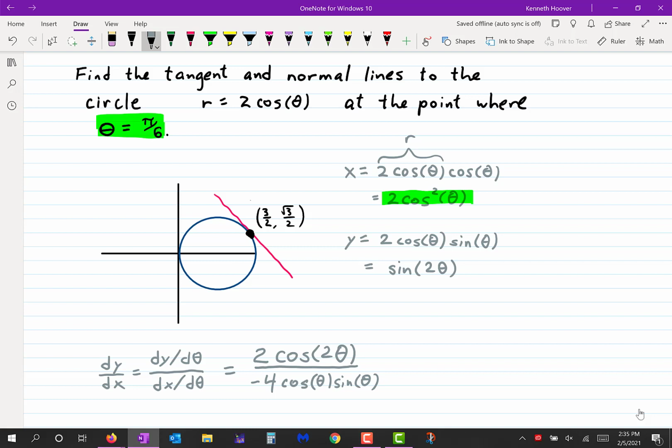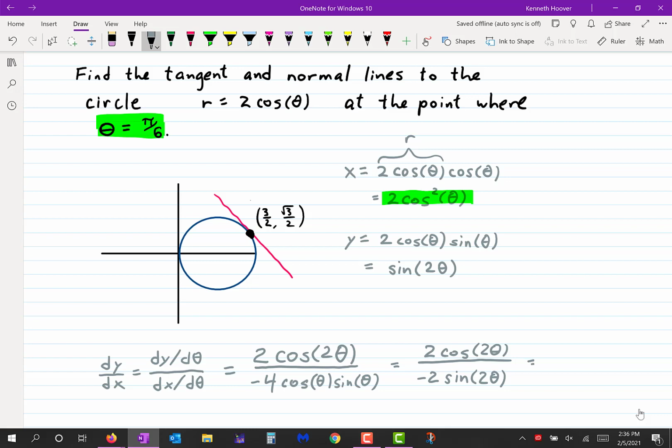Now that can be simplified, because that denominator actually equals negative 2 sine of 2 theta, just using the trig identity. 2 cosine theta sine theta is the same thing as sine of 2 theta.